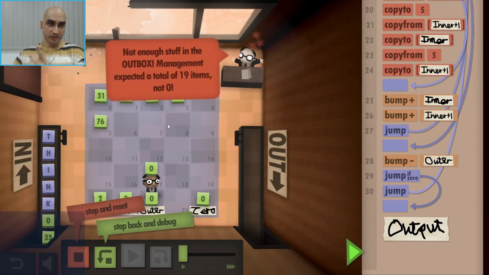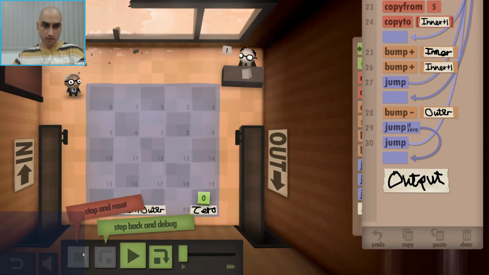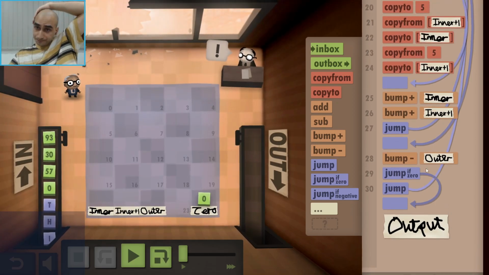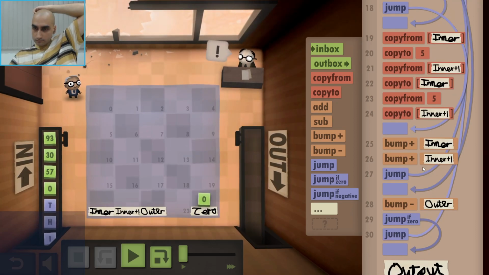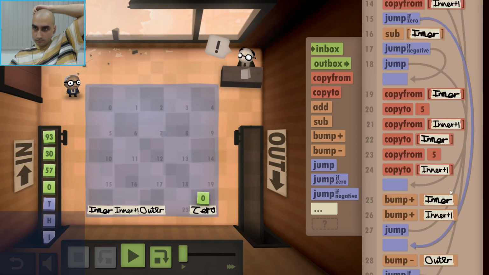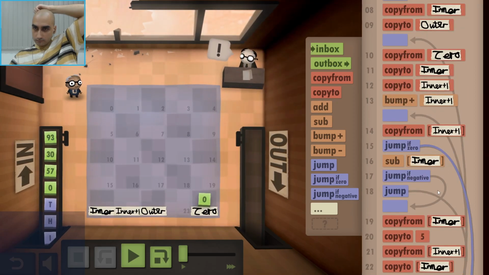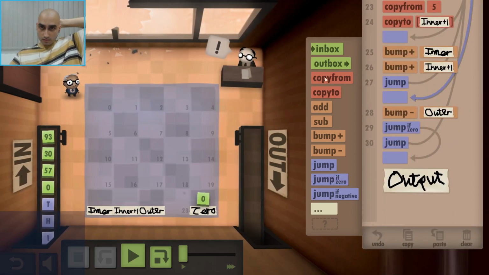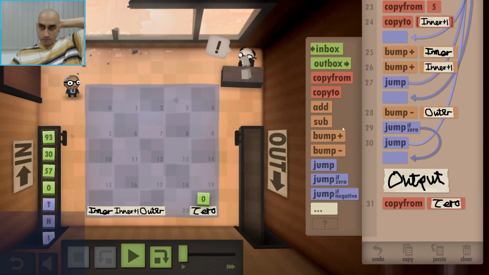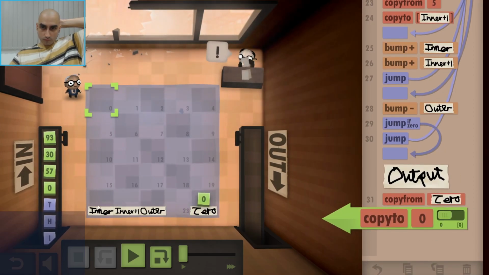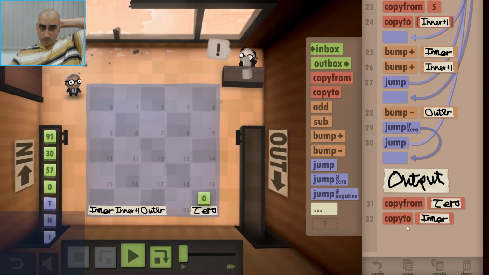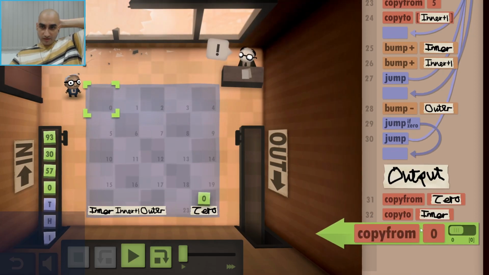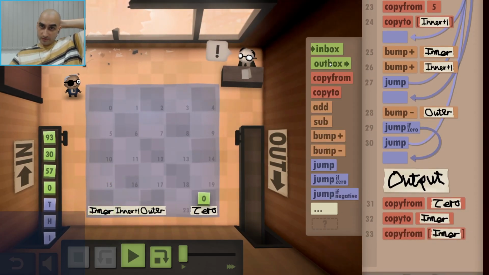Okay, it's now in sorted order. So then the next phase is, so now we just reset inner. We pick up whatever inner is pointing to, output it.